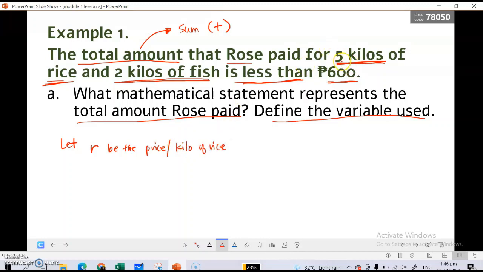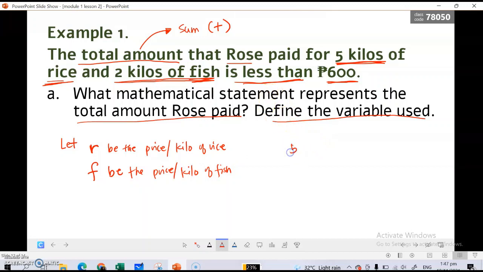So, kung 5 kilos yung binili niya, tapos yung presyo ng rice ay 40 at R is equal to 40, ayan, if R is 40, so i-multiply mo lang yan. So, 5R siya. Right? And then we have, bumili siya ng 2 kilos of fish. Hindi rin nilagay magkano yung presyo ng fish. So, we let F be the price per kilo ulit of fish. So, now we can write our inequality.